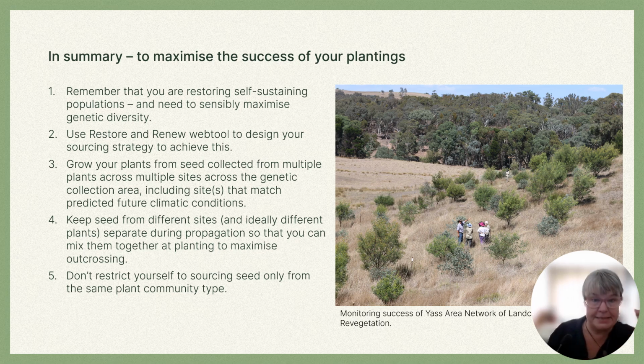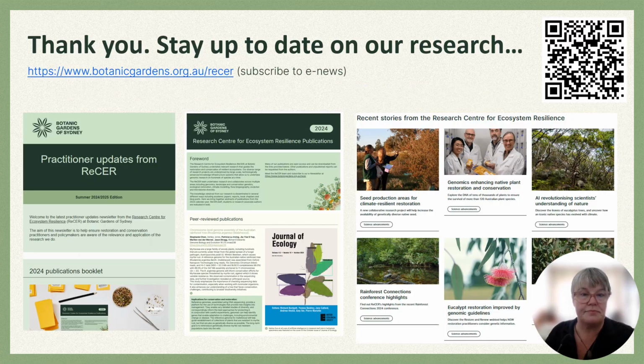Ideally, you'll also keep seed from different sites and ideally different plants separate during propagation so that you can mix them together at planting to maximise outcrossing. And you also don't need to restrict yourself to sourcing seed only from the same plant community type for a particular species.